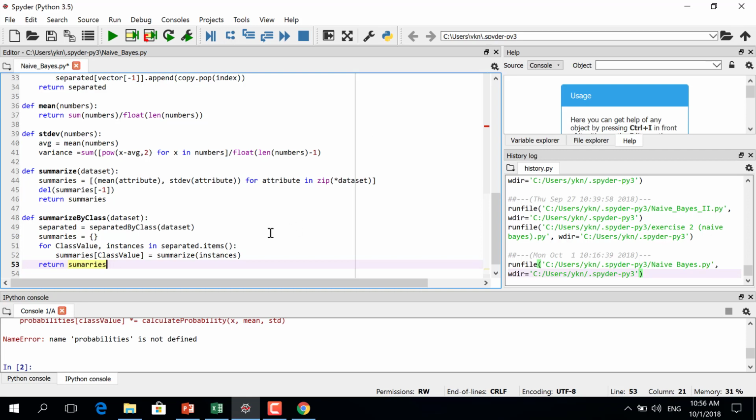The code says that for class value, meaning whether it is +1 or -1, the instances in the separated, we know that separated means the data used for training for each item, and we have to make the summary by classes. So after we separate the data into their own classes, +1 or -1, then we have to make a summary. So there are two summaries here, a summary for +1 and a summary for -1.